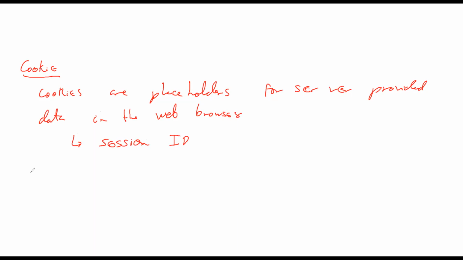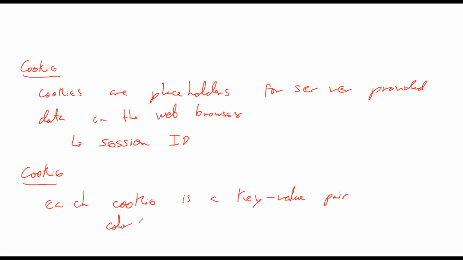Each cookie is a key value pair, such as, let's say, color equals green. So that's the kind of information that you can store. You usually don't name the cookie or anything.